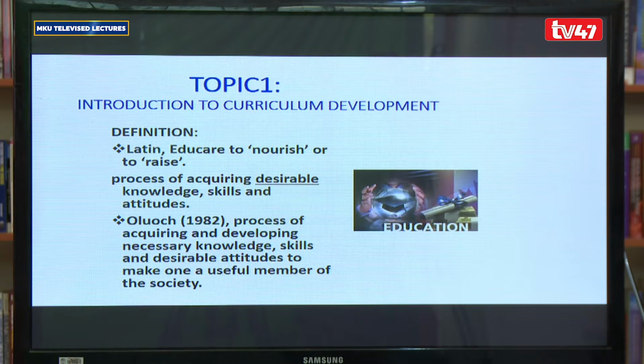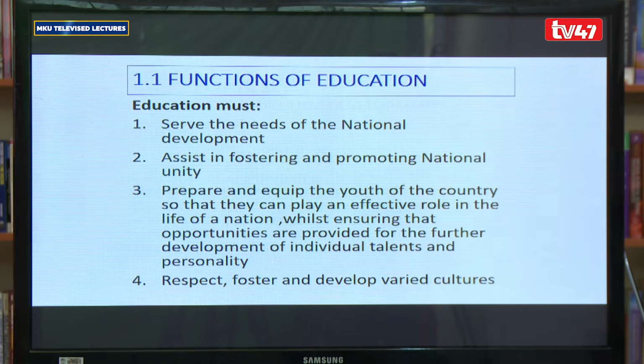This is the process of raising the desirable knowledge, skills, and attitudes. According to Oluoch in 1982, he defines education as the process of acquiring and developing necessary knowledge, skills, and desirable attitudes to make one a useful member of the society.